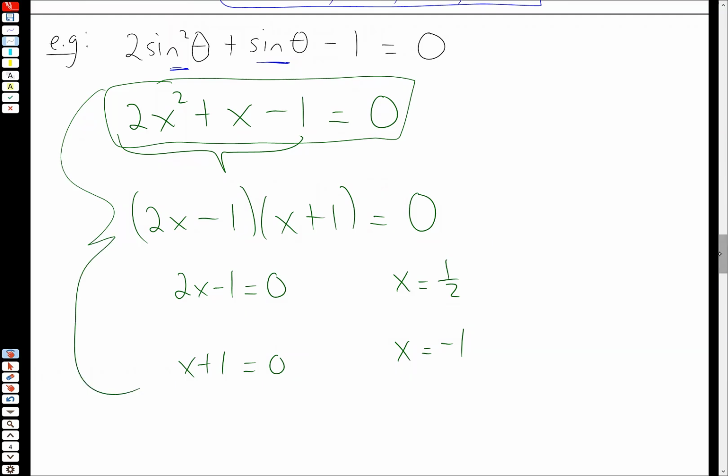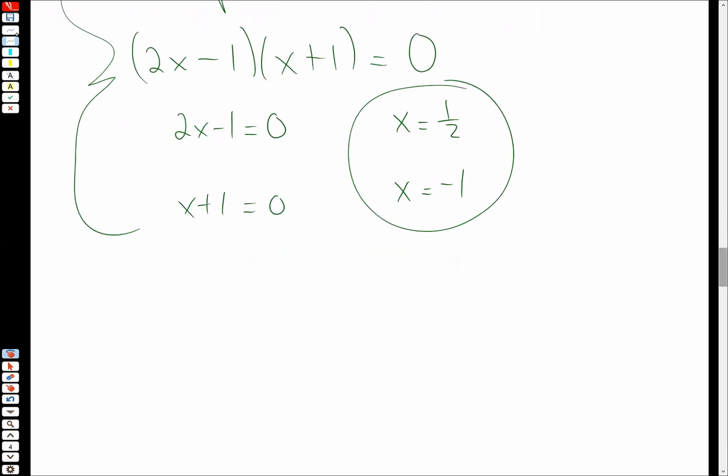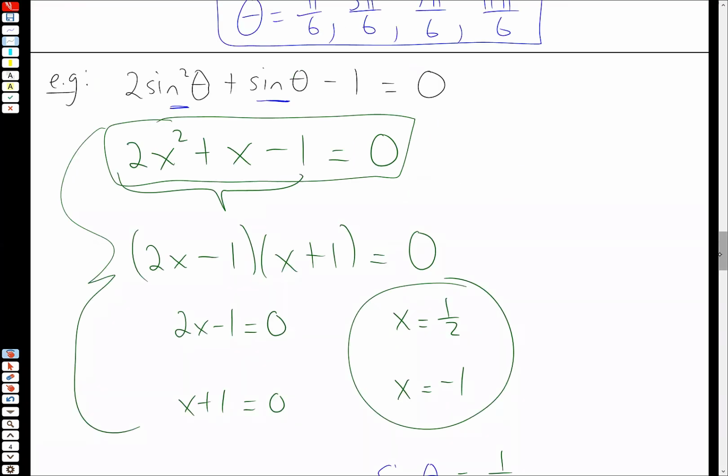And notice when we solved the equation with x's, we got x is equal to 1/2, x is equal to minus 1. So all we have to do is substitute, instead of x, what do we really want? We want sine of theta instead. So this is called the substitution method that I stealthily did here.